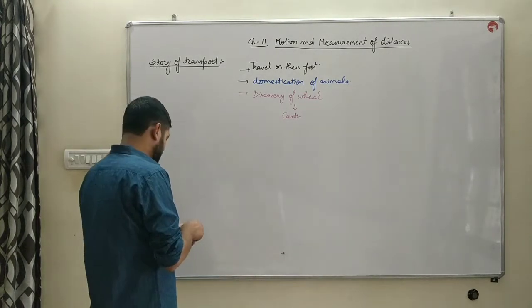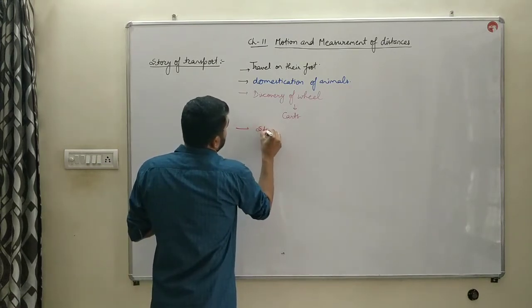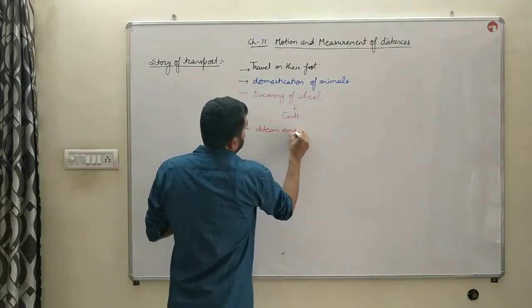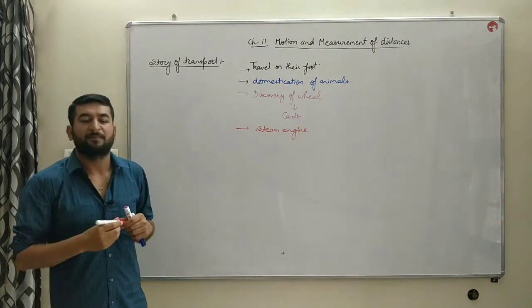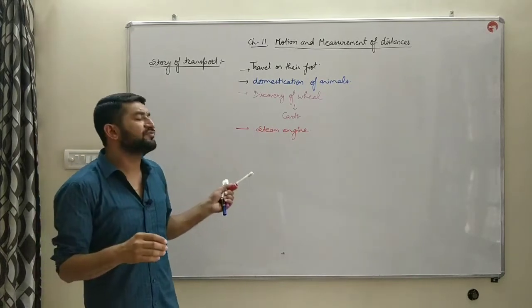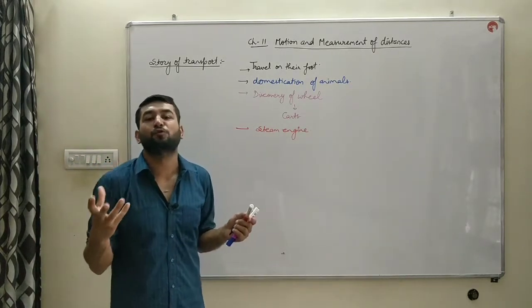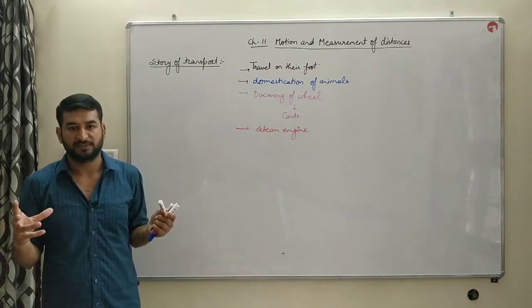Then after that, the steam engine was discovered. The engine which produced steam by the combustion of a fuel. This engine works on the burning of a fuel. इसमें एक ईंधन जलाना पड़ता है, like coal, कोयला.